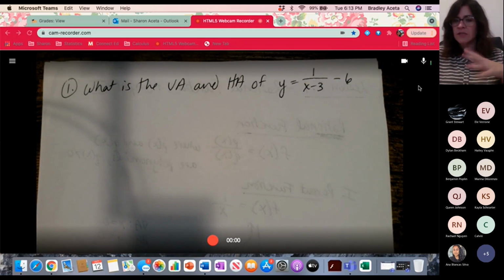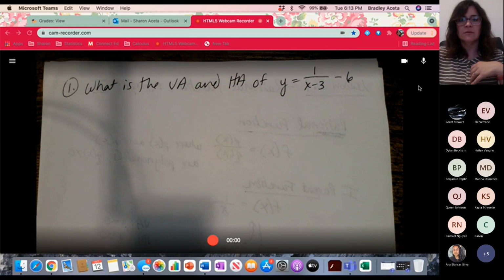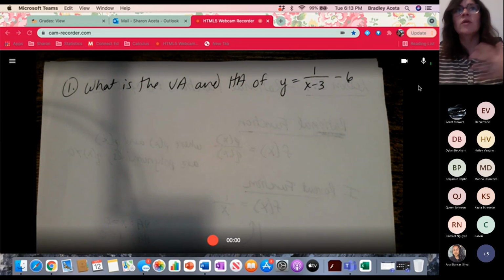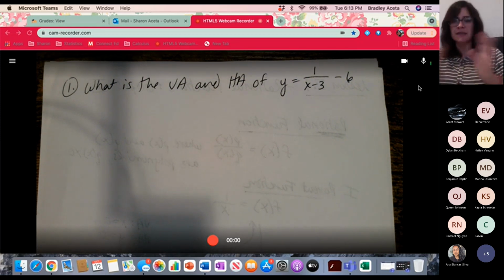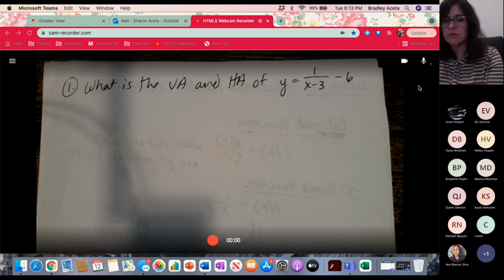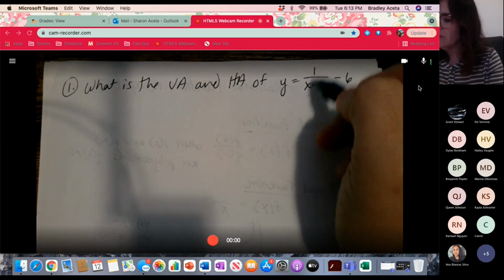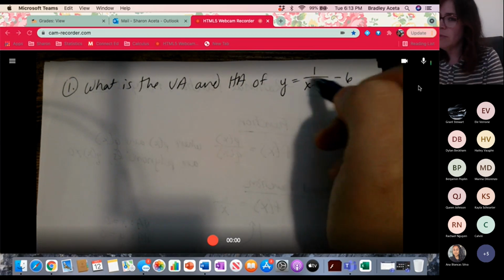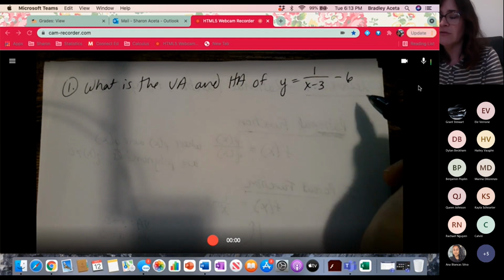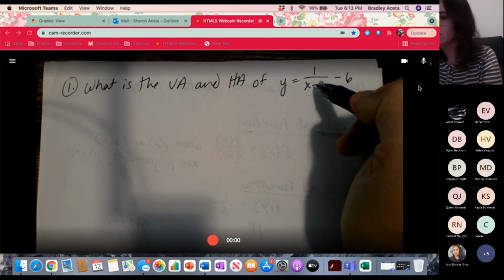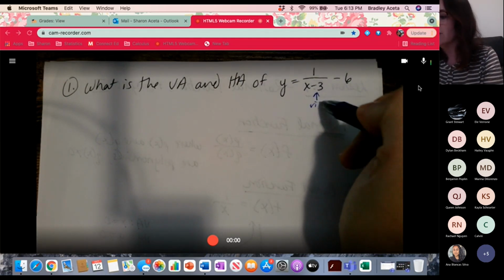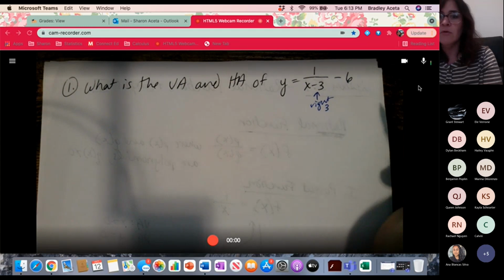Well, again, there are these shifts that have occurred, and those will move our axes and will create these asymptotes. So again, my parent function is 1 over x. If I'm with my parent, I go right or left in the opposite of what I want to do. So this is minus 3. I'm going to go right 3.